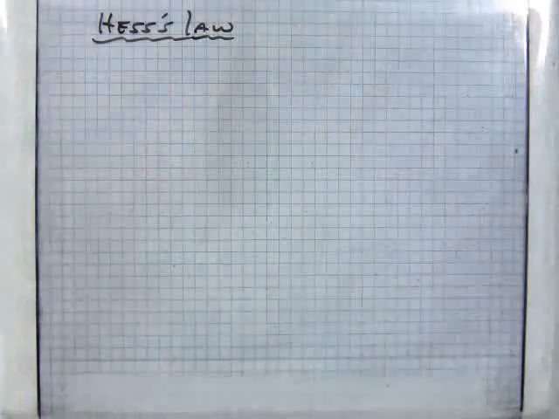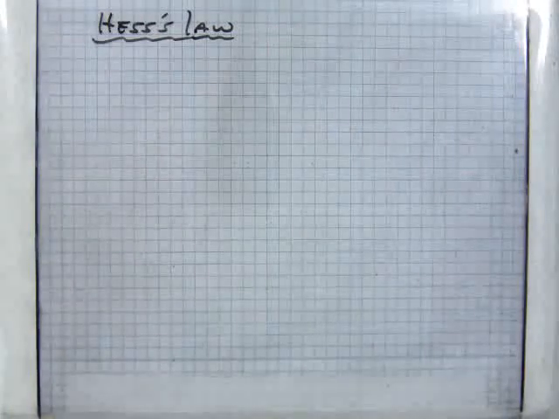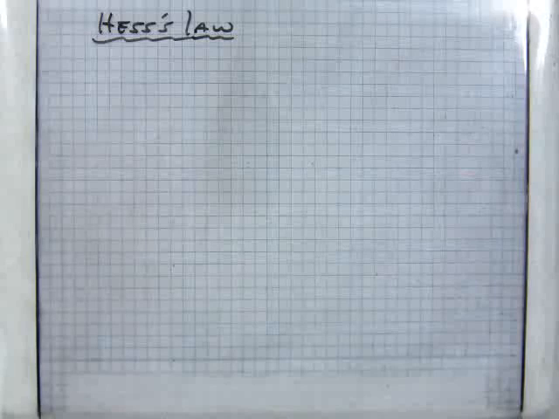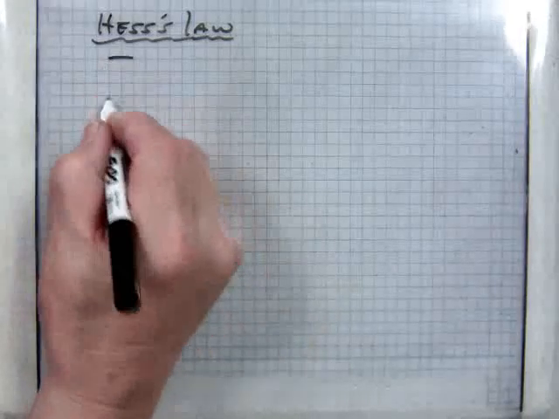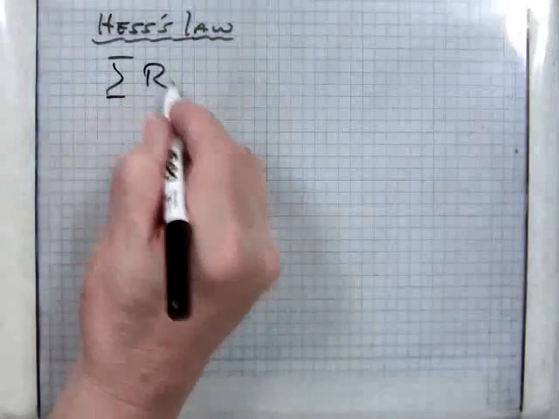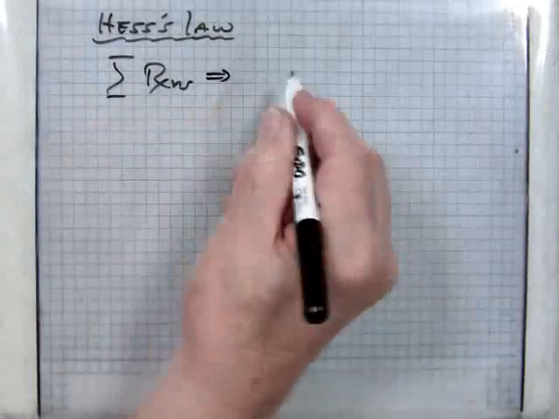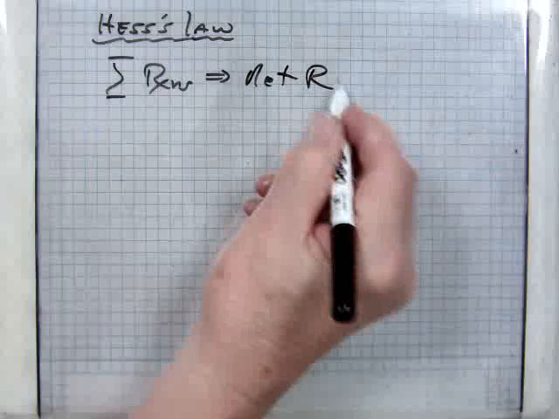Hess's law is a statement of determining heat of reaction by adding reactions together. If you have 2 or 3 reactions to get a net reaction, it's the sum of reactions to give a net reaction.